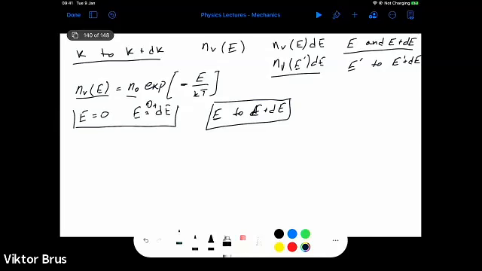this is about energy, but it's also important to know how the speed of molecules is distributed. So let us think about how this distribution should look.